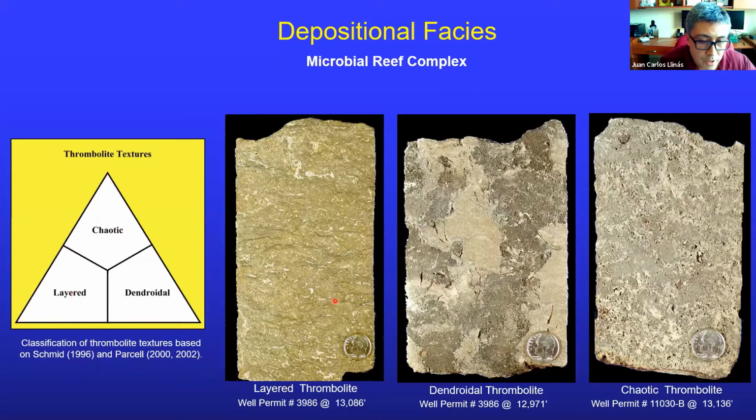The layered, which has pretty much a horizontal preferential growth, and dendroidal with an evident vertical preferential growth. All of these examples come from the study area.